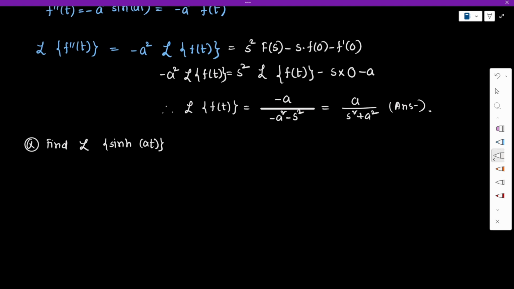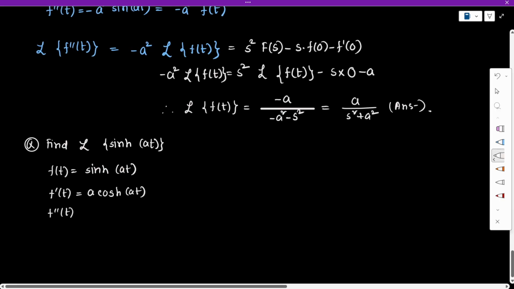So we all know that if we take f(t) as sine hyperbolic at, then f prime of t is going to be cosine hyperbolic at times a, and f double prime of t is going to be a square sine hyperbolic at.